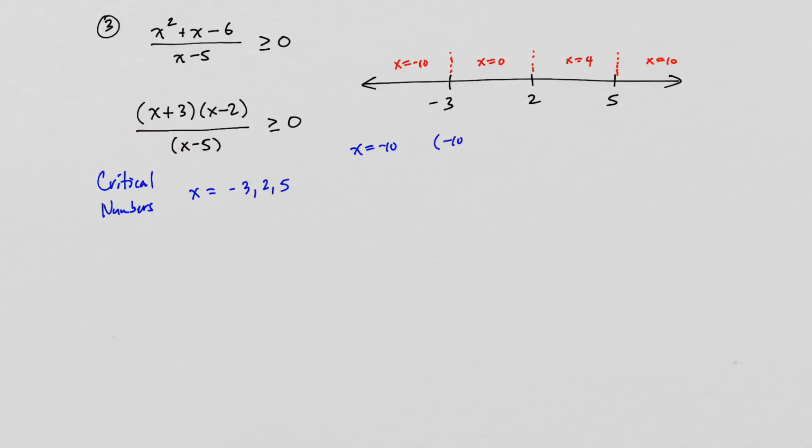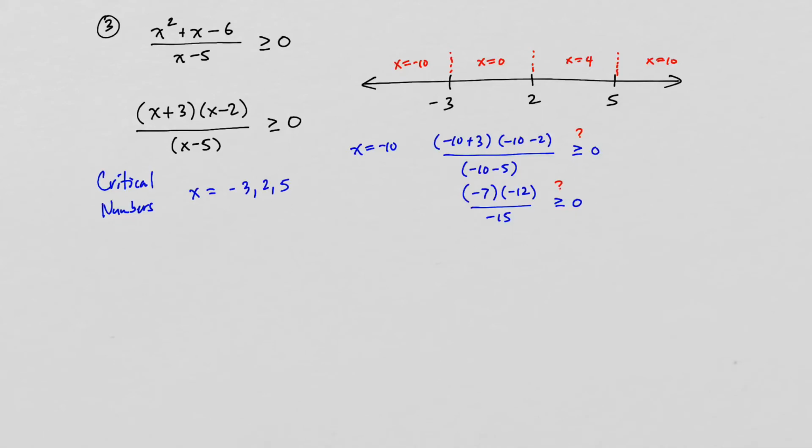So when we plug in negative 10, we get negative 10 plus 3 times negative 10 minus 2 divided by negative 10 minus 5, and we want to know, is this greater than or equal to 0? Do the math. Negative 10 plus 3 is negative 7. Negative 10 minus 2 is negative 12. And negative 10 minus 5 is negative 15. Is this greater than or equal to 0?